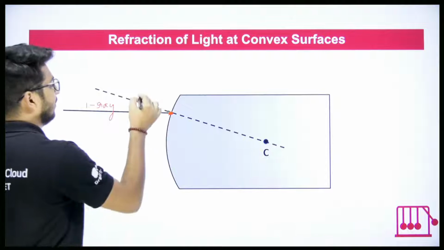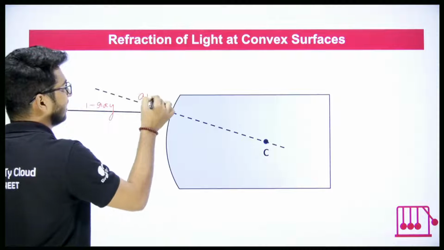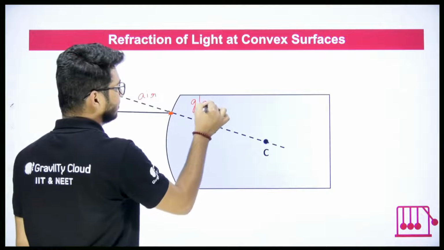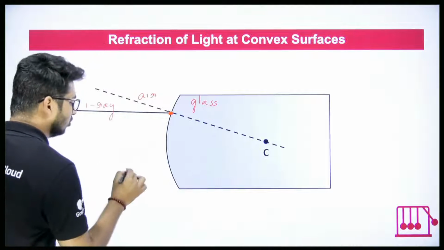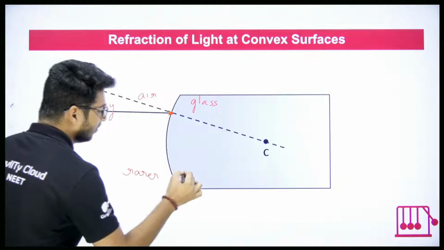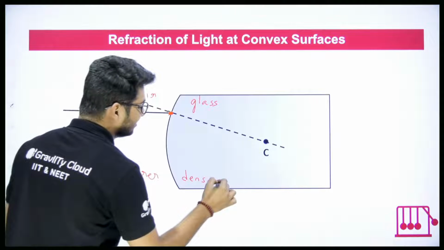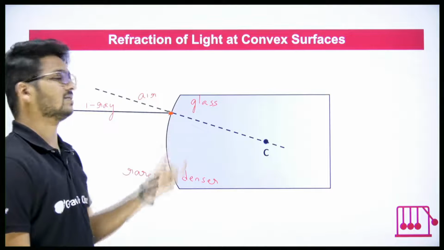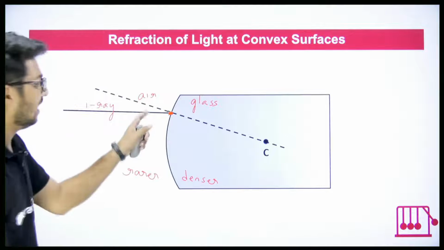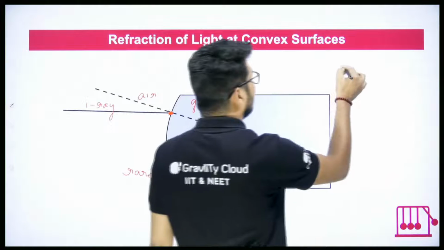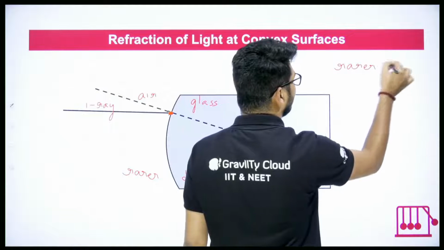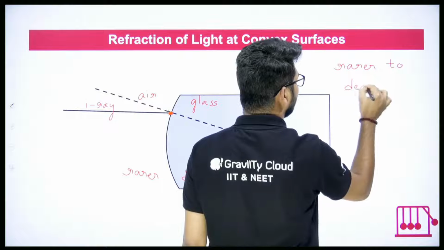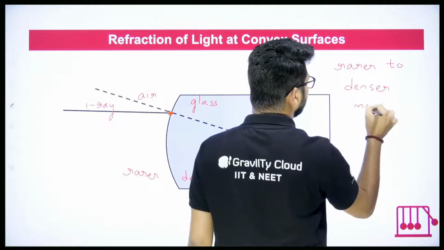Here, I have told you we have been taking this case: outside is air, inside is glass. Which means outside is a rarer medium, inside is a denser medium. So here air is rarer, glass is denser. So the ray is going from rarer to denser medium. That is the case that we are discussing. Rarer to denser medium.